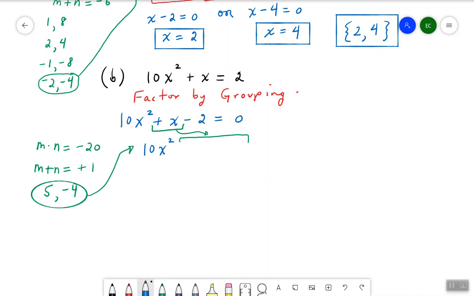So we'll have a plus 5x minus 4x, and then a minus 2 is equal to 0. So we can see that the new equation is equivalent to the previous one by simply adding 5x minus 4x back together.